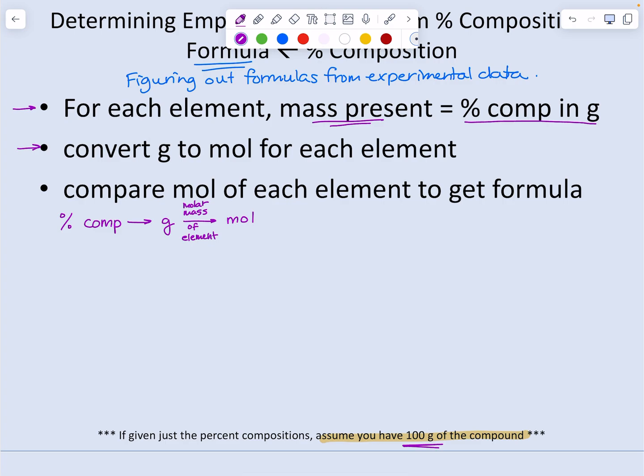And then we are going to compare the relative amounts of each element by dividing by the number of moles of the element with the lowest number of moles. And that's going to get us to our formula. So these are our 3 steps.